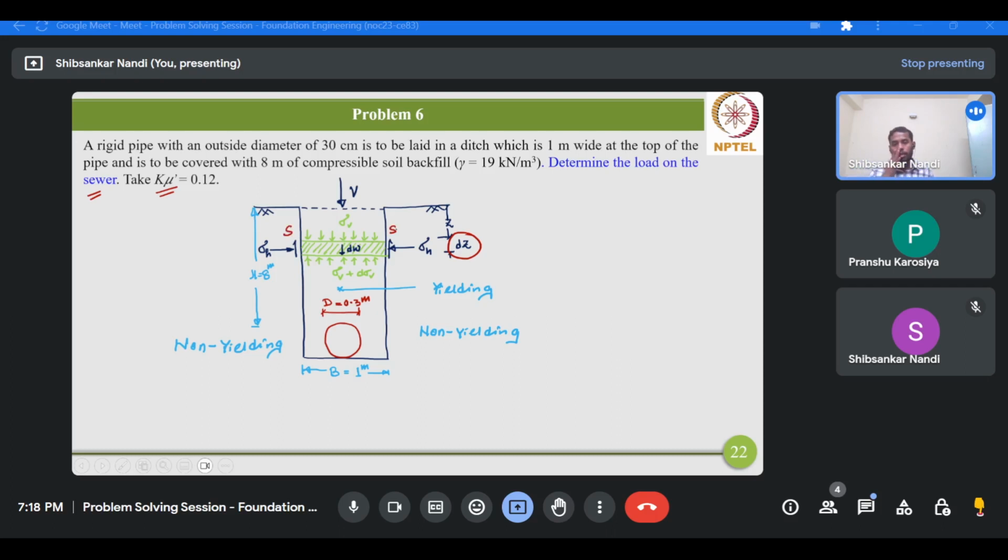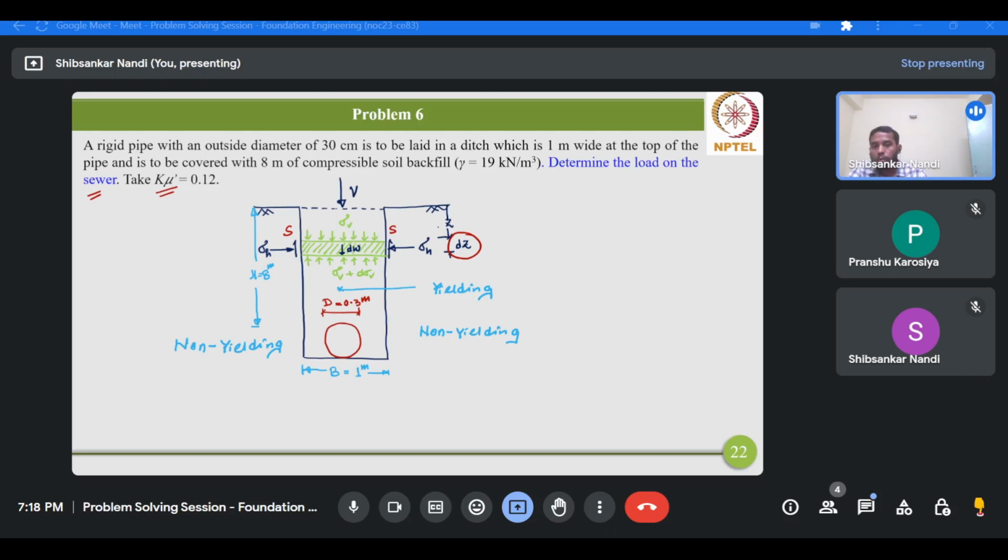So the adjoining soil mass, the non-yielding soil mass, will try to resist this movement, and this resistance is equal to the shear strength of the soil. Okay, so these are the shear resistance governed along the slip surface.